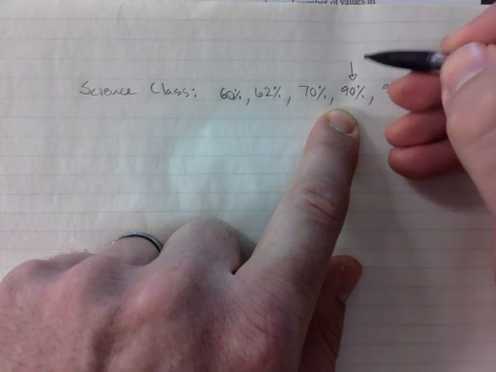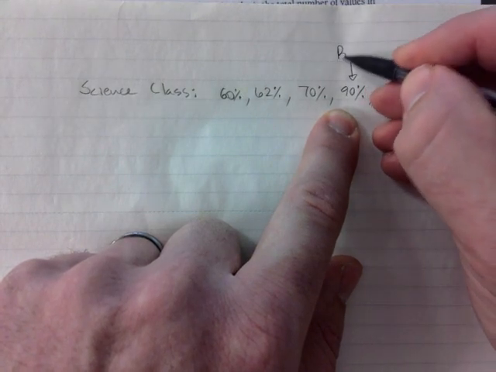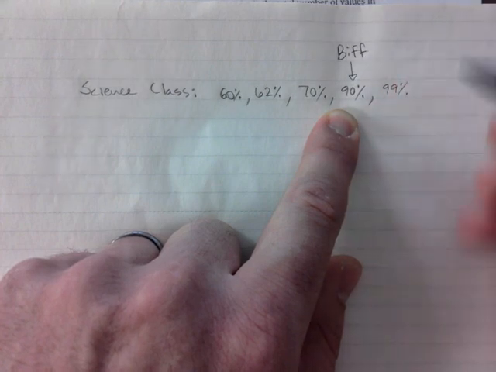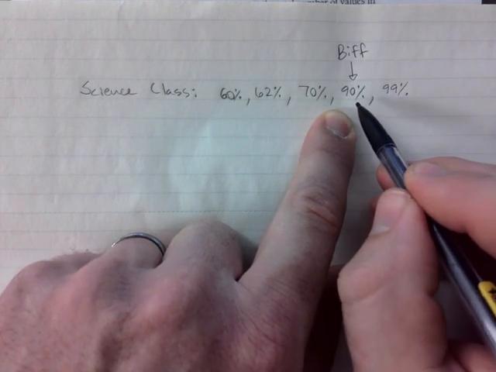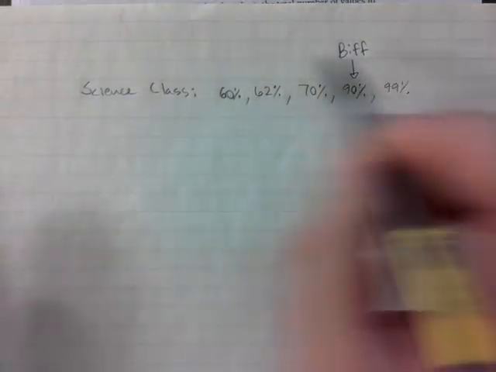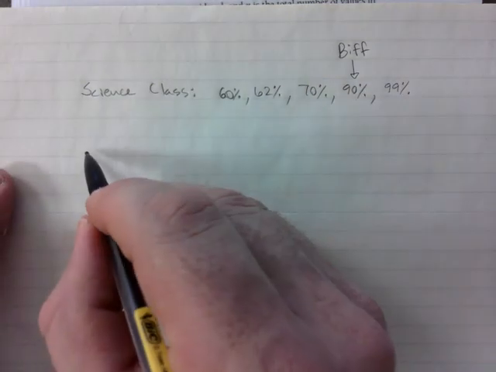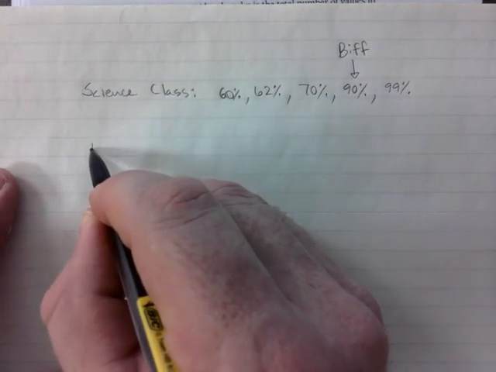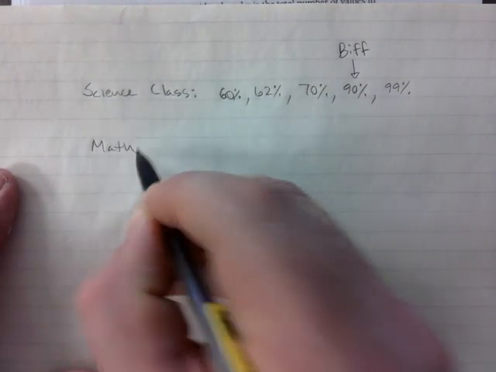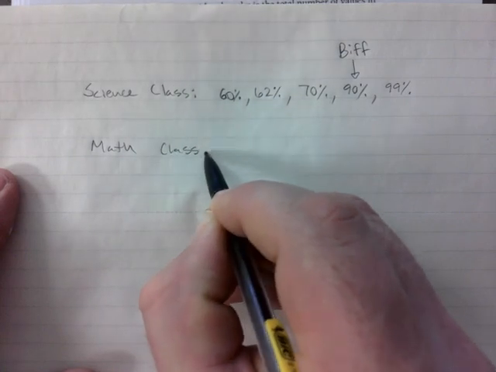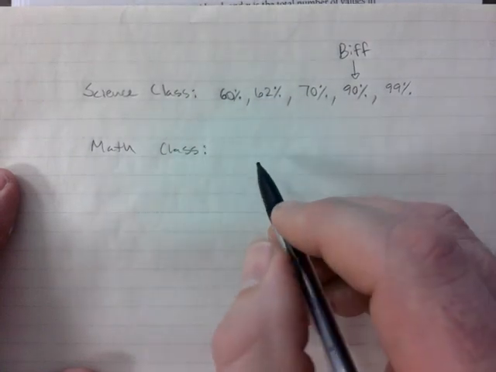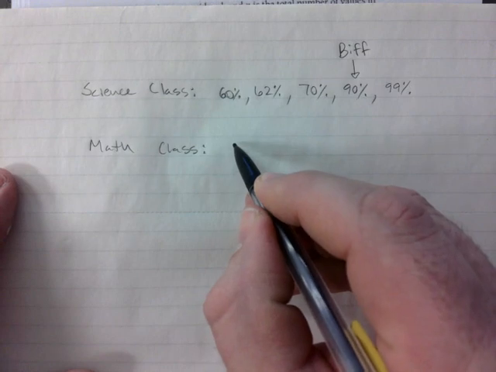Let's say this student is Biff. I'm just making stuff up, right? Biff is right here. Biff scored 90% in this class. Biff also took math with Mr. Dirksen, right? So math class. In the math class, these were the scores.